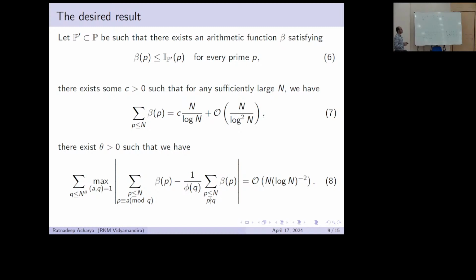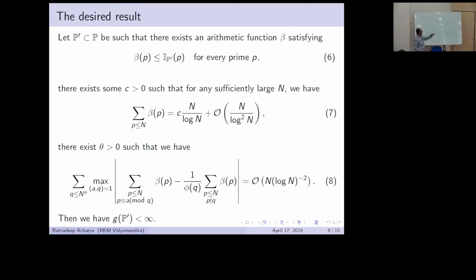But maybe we can choose some suitable beta such that this happens. It's at least theta, some positive quantity. And then our conclusion is that g of p prime is finite.